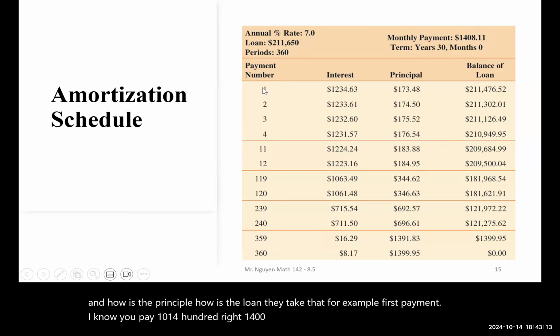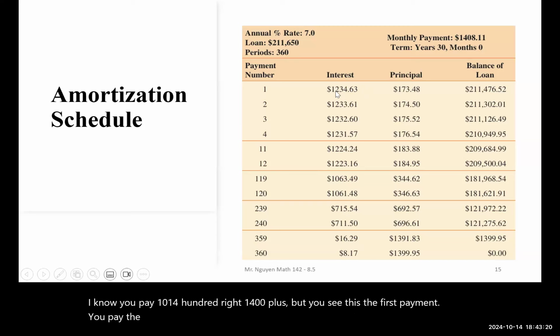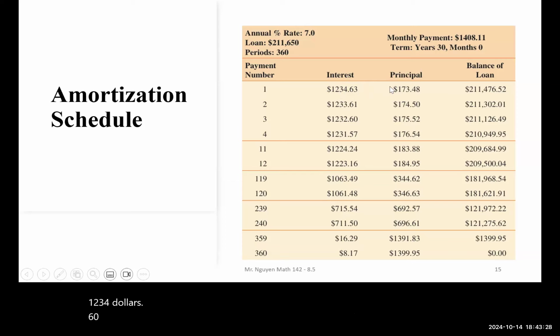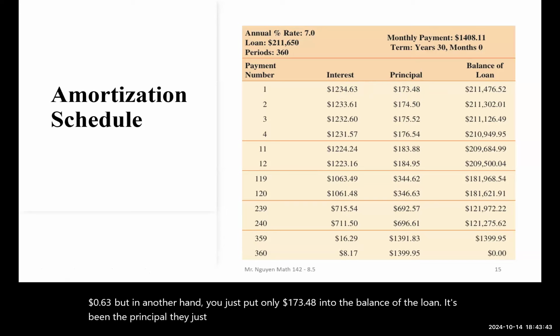But you see the first payment, you pay the interest $1,234.63. On the other hand, you put only $173.48 into the balance of the loan. This means the principal.